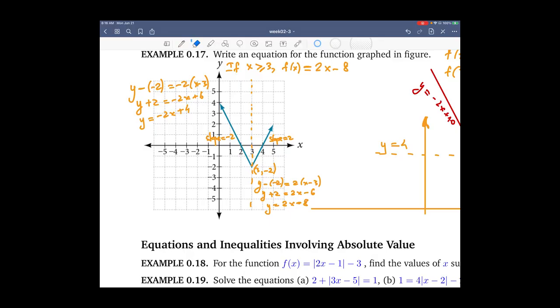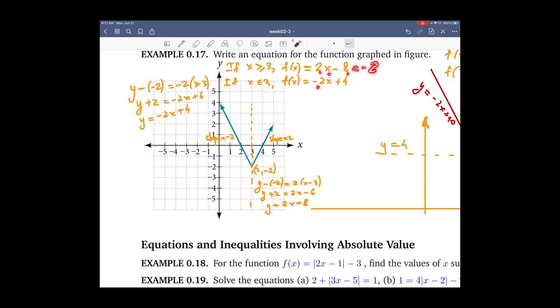So if x is less than or equal to 3, f equals -2x plus 4. Note that at the value x equals 3, the two expressions give the same value, namely 2 times 3 minus 8 is -2.